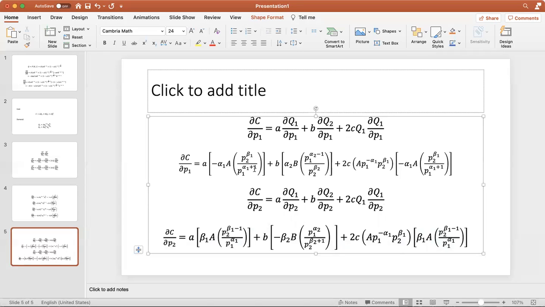So just refer to the exercise sets that I have uploaded, so you can have a bit of practice obtaining partial derivatives.